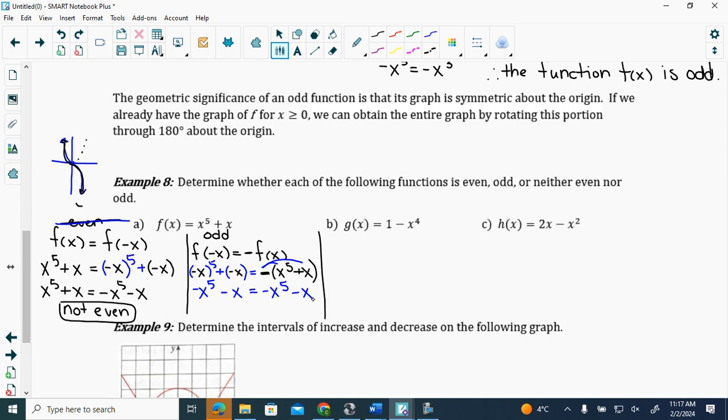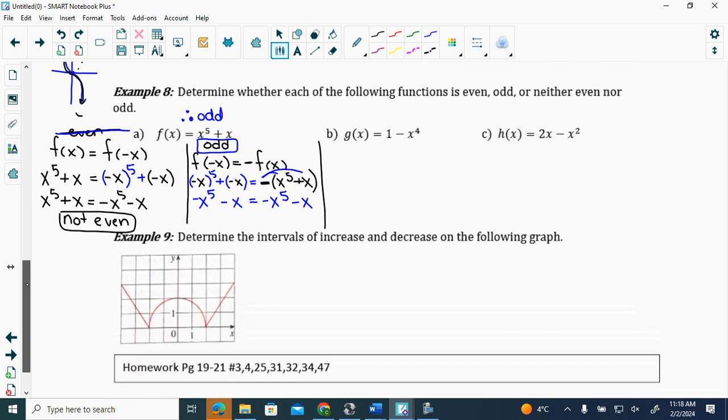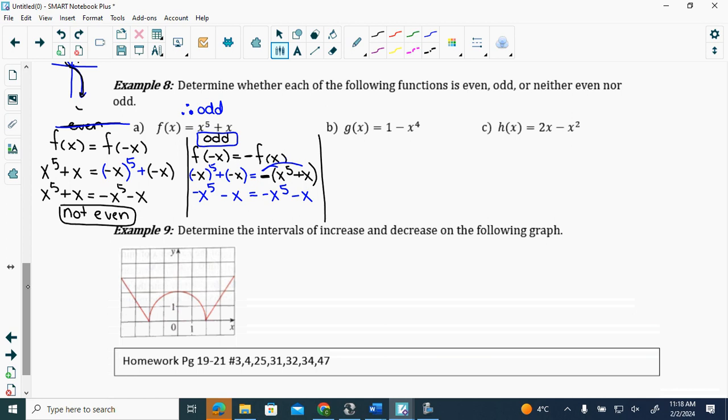Do they match? Yes. So this is therefore odd. That's supposed to be a perfect triangle. That is super not a perfect triangle. Okay, you try B and C.